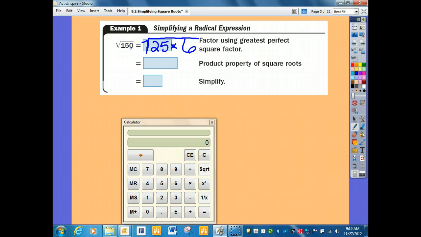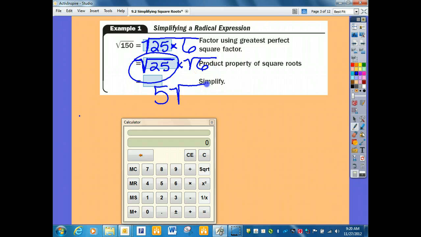When we break the factors down, that's the same as writing it like this: the square root of 25 times the square root of 6. Now, which one's perfect? The 25 is. What is the square root of 25? So we have 5 here. Is 6 a perfect square?